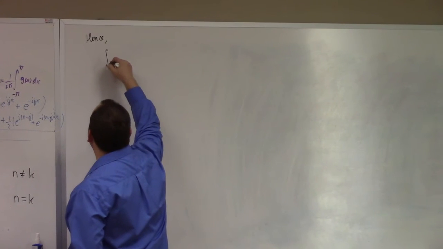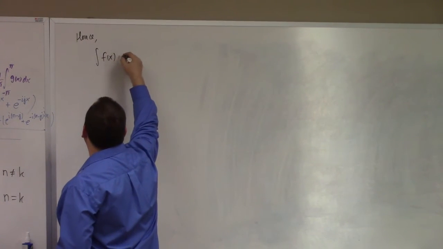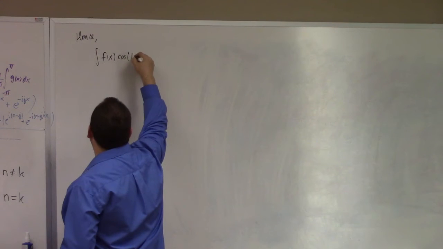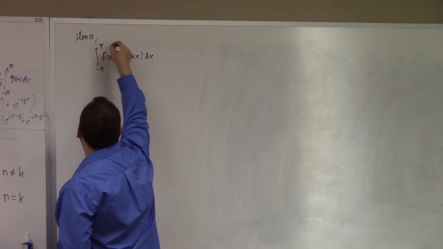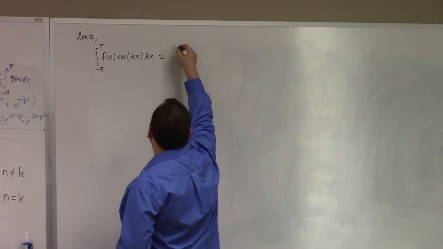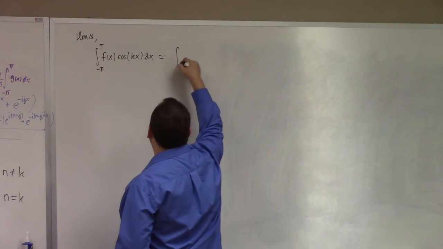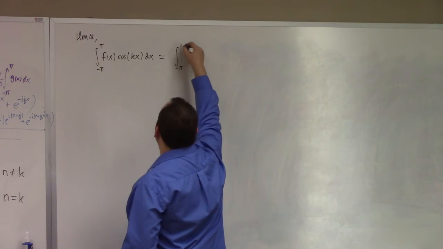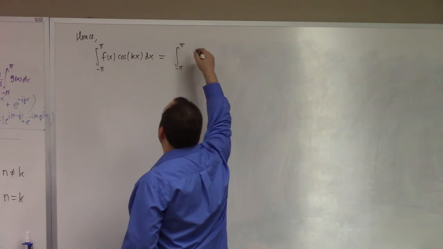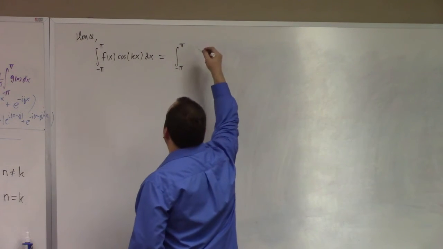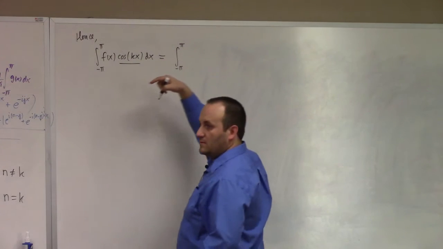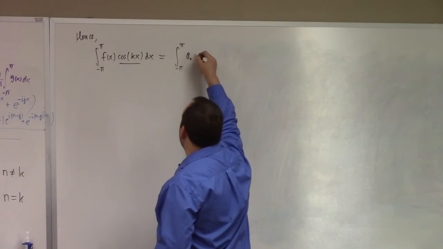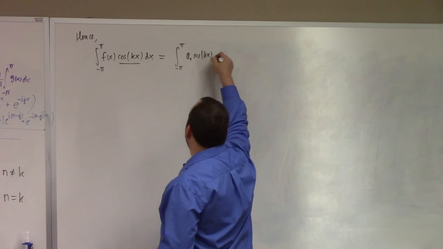If we integrate f of x times the cosine of kx dx from minus pi to pi, what happens? Let's see here, f of x was what? I'm going to multiply this cosine through the Fourier series, okay? So I get a naught times the cosine of kx.